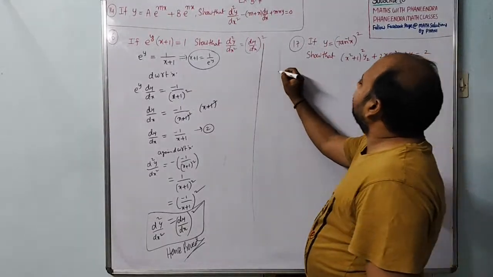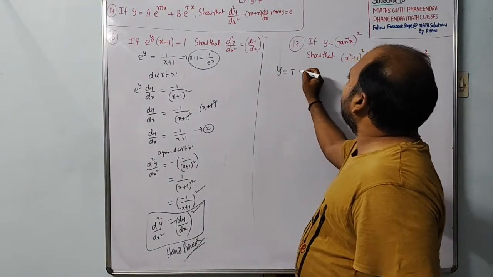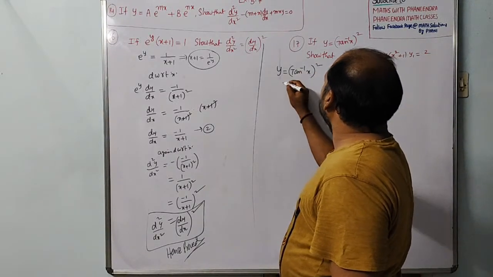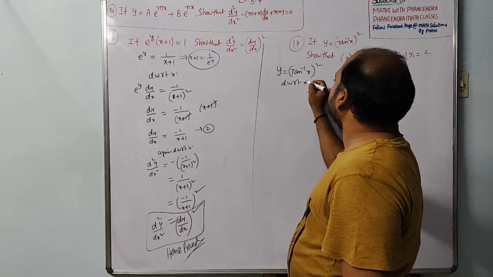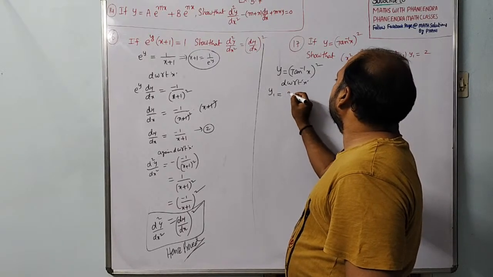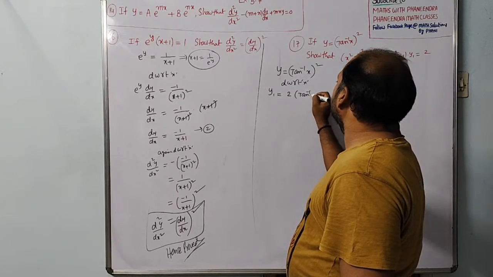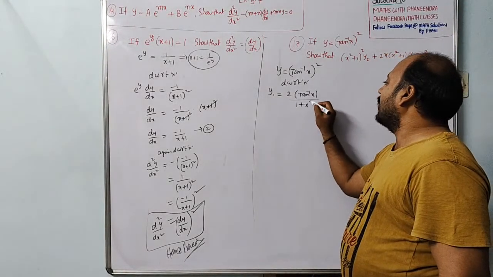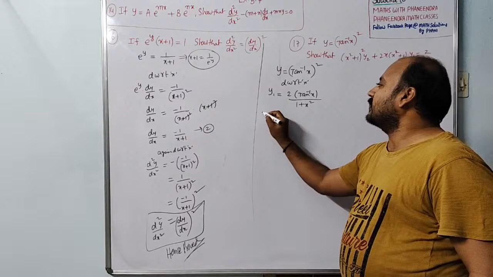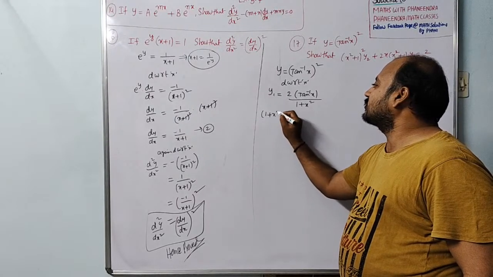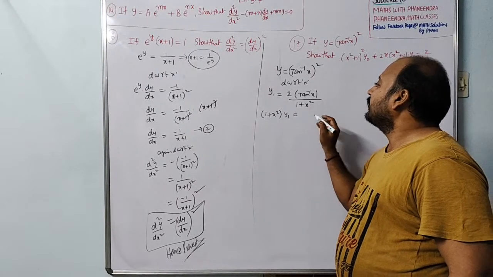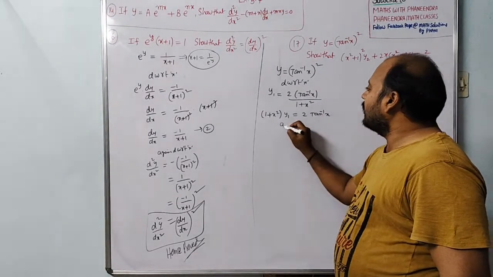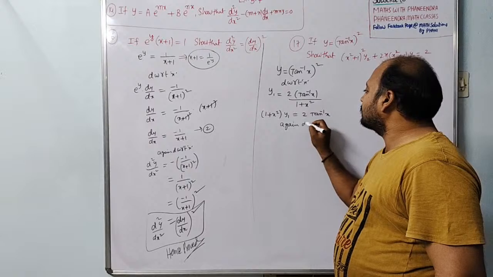So come here, y equal to tan inverse x whole square. So first differentiate with respect to x. y1 equal to 2 into tan inverse x. Again tan inverse x derivative is 1 by 1 plus x square. Am I right? So cross multiplying, 1 plus x square into y1 is equal to 2 into tan inverse x. Again differentiate with respect to x.